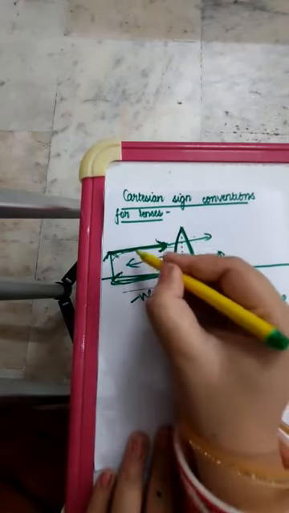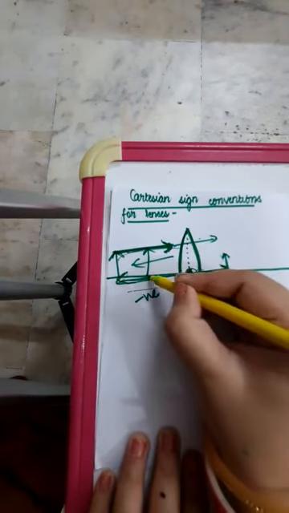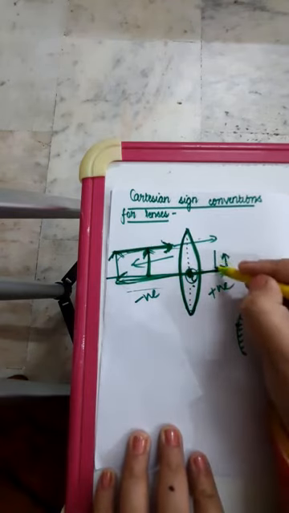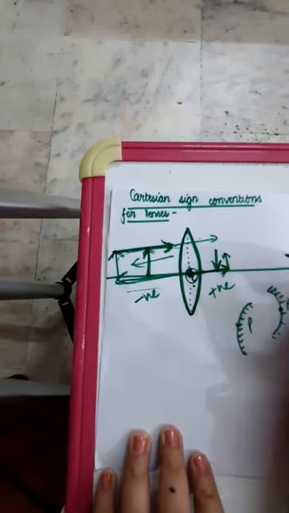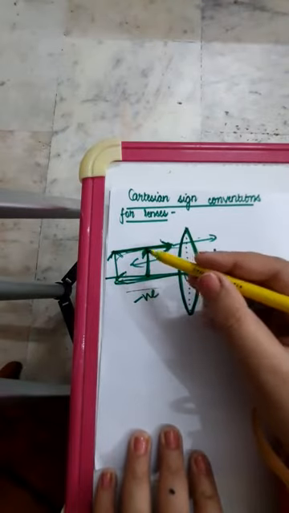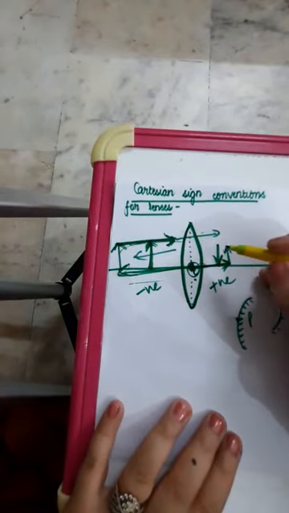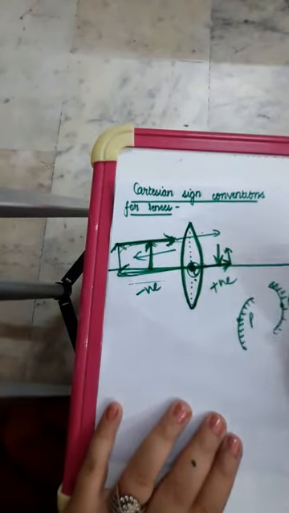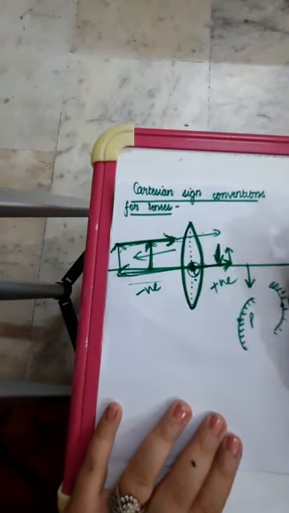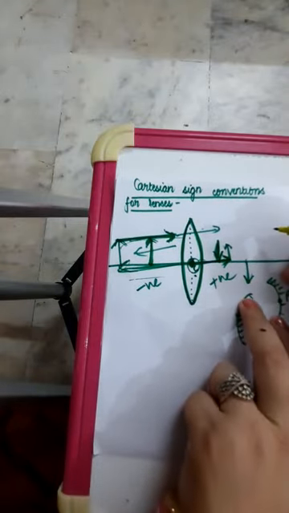If the object is kept like this, this is the height of the object above the principal axis. This height which is measured above the principal axis is always taken positive. But if the image formed is inverted, then the inverted image will be formed like this, and to measure it, you will have to go below the principal axis.